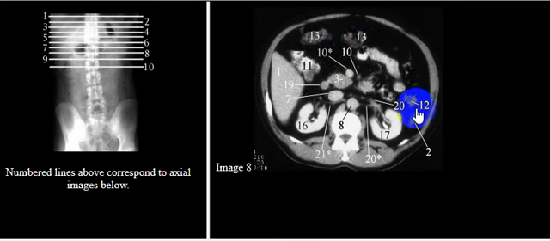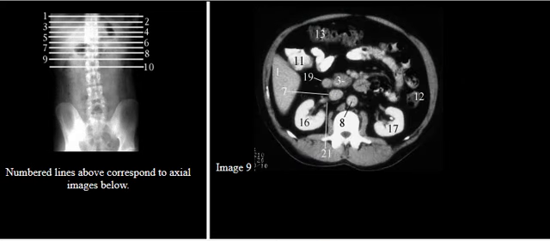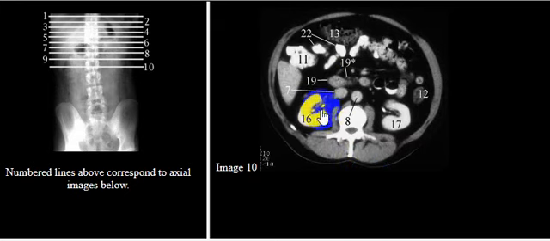Transverse colon, descending colon, ascending colon. Here we have the duodenum, and we have the small bowel, descending colon, transverse colon, and the duodenum.